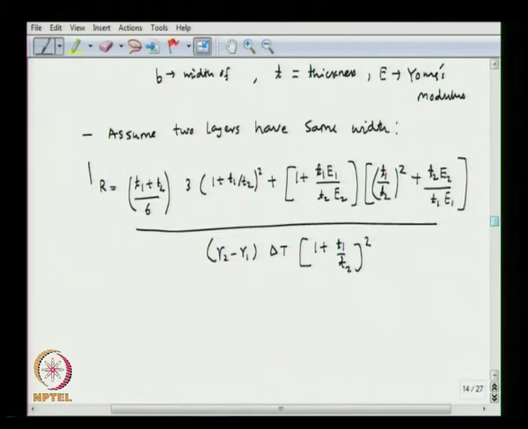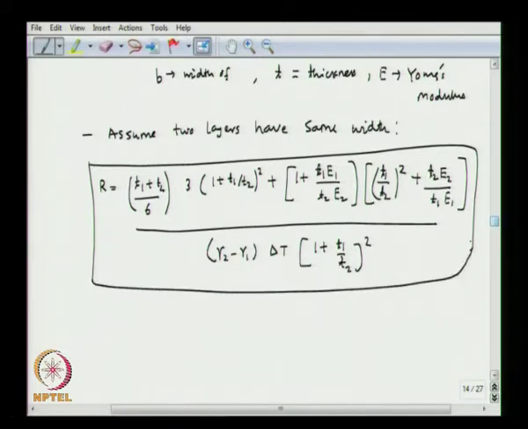Okay. So that is the expression for the radius of curvature if the two straps have the same width.